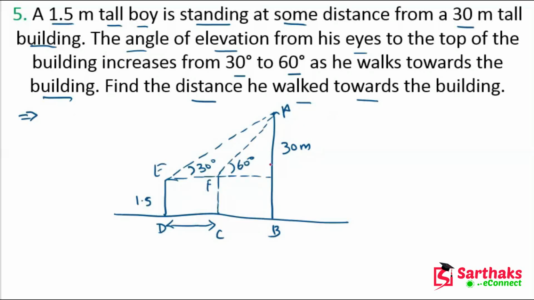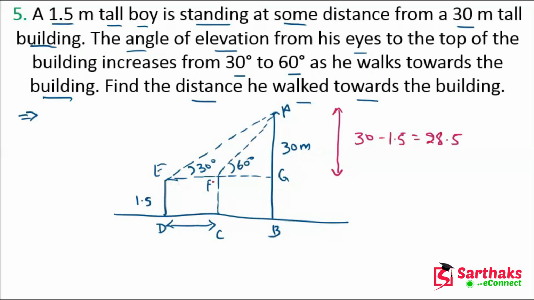Now let's take another point G. Now my dear friends, this distance AG is 30 minus 1.5. This will become 28.5. AG is 28.5.